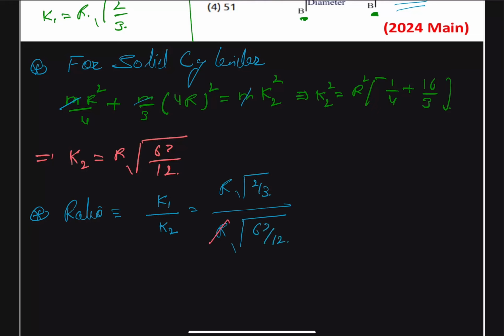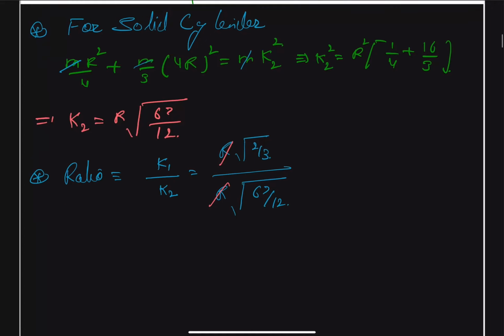Here r and r cancel out, and this can be written as 2 by 3 multiplied by 12 upon 67 and its square root, and 12 goes by 4, so this will be equal to 8 by 67 and its square root.